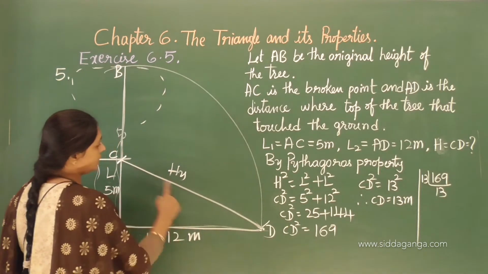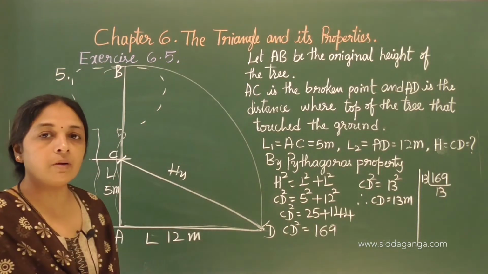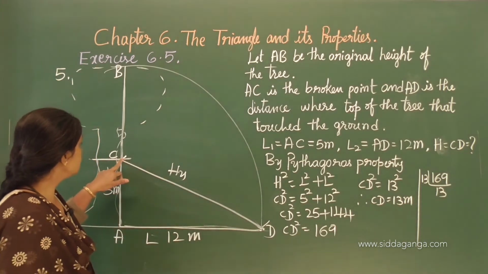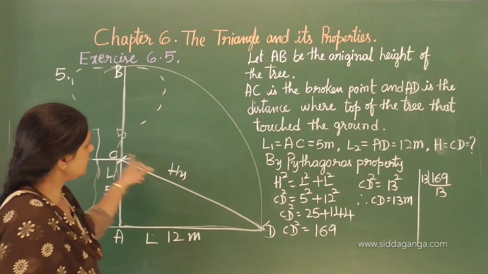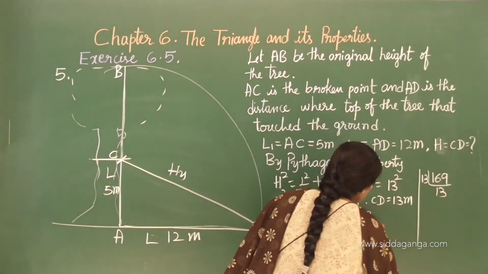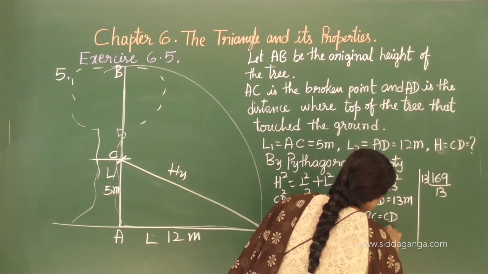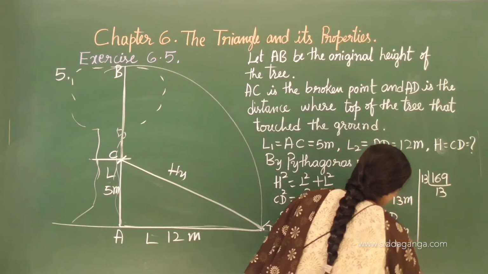We consider CD as the other portion of the tree from the cut part. So BC is equal to CD. Therefore, BC is equal to 13 meters.